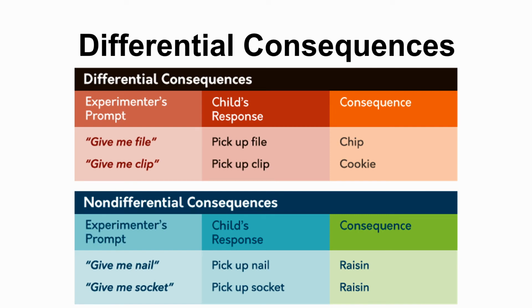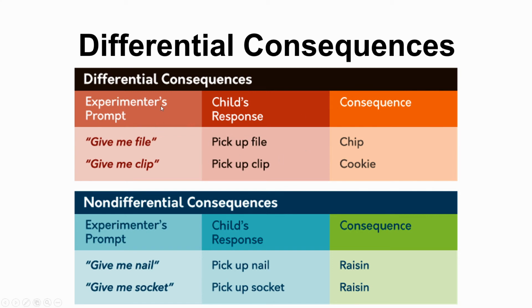While we're on the topic of consequences, I want to talk briefly about a term that our textbook mentions, and this is the idea of differential consequences. So differential consequences is when different responses will yield different consequences.